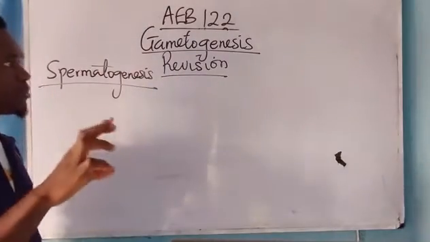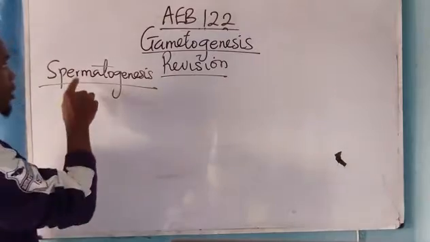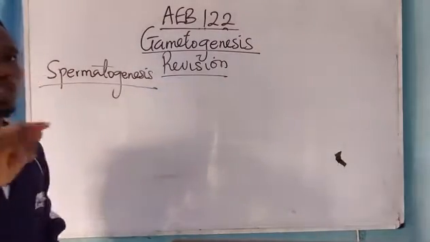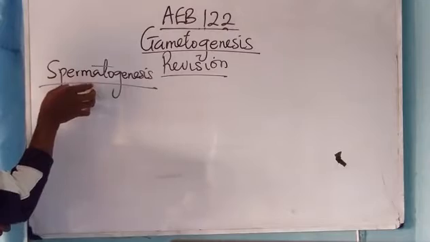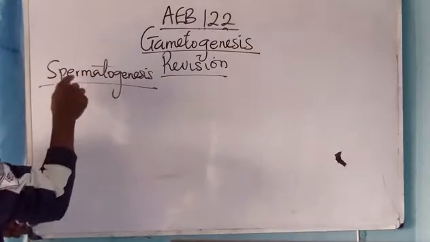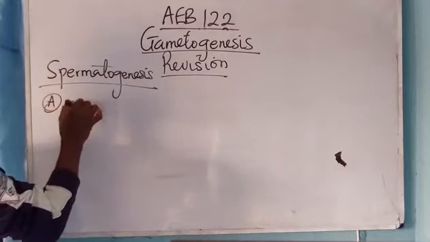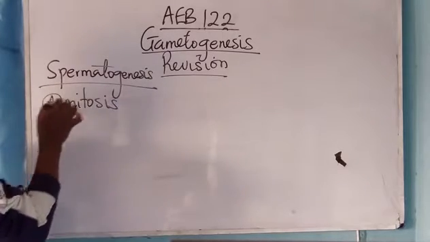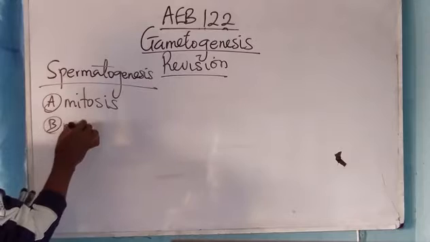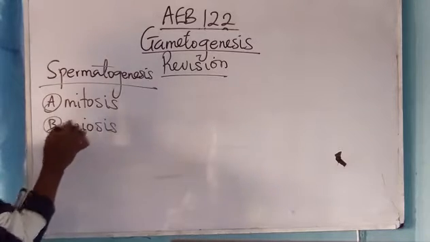The primordial germ cell during spermatogenesis undergoes which of these? A. Mitosis. B. Meiosis.